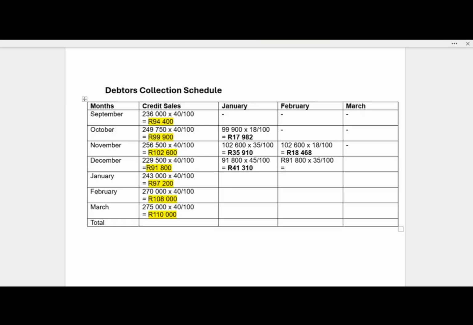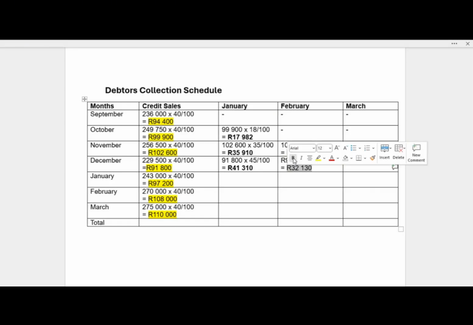And then it's going to be 91,800 multiplied by 35 divided by 100. So you are collecting 32,130. That is the second month of collection for December.